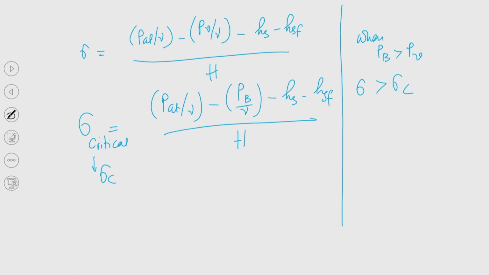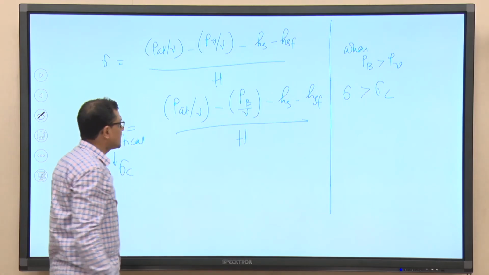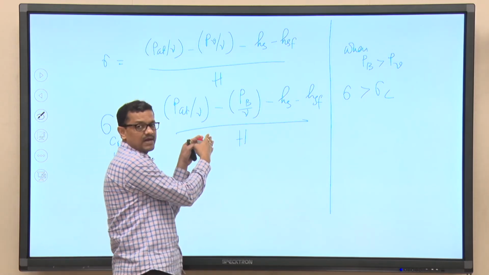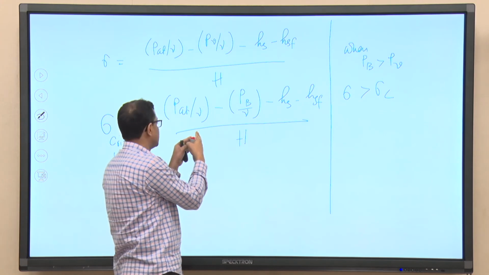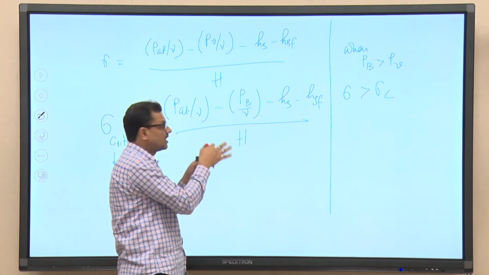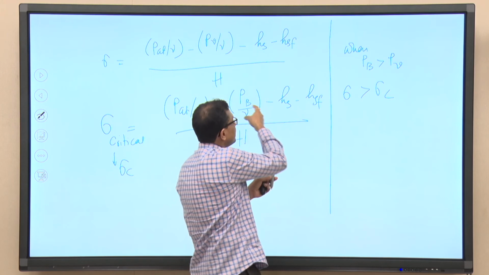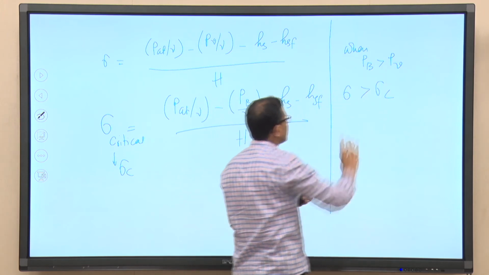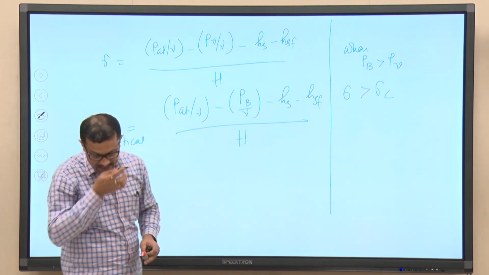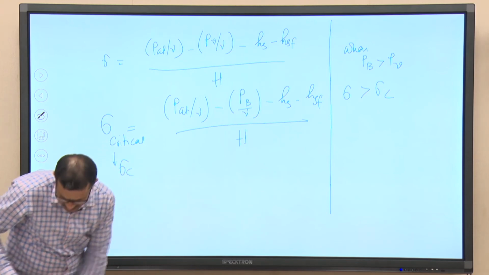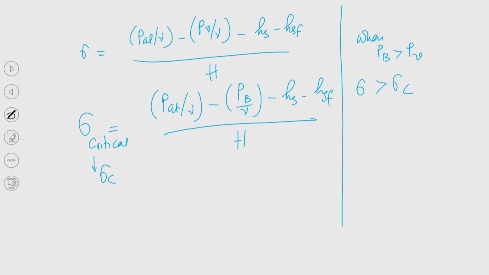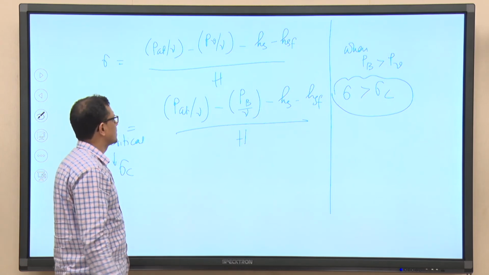If this fellow is less, then definitely sigma will be high. So, basically this is the critical value of the Thoma cavitation factor. If by any chance P_B is greater than P_v, then sigma will be greater than sigma_C, which we can clearly see from these two expressions, very easy.